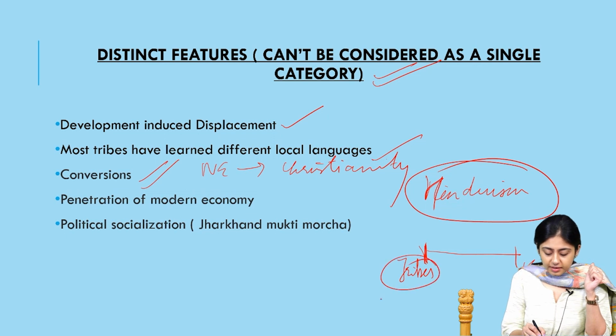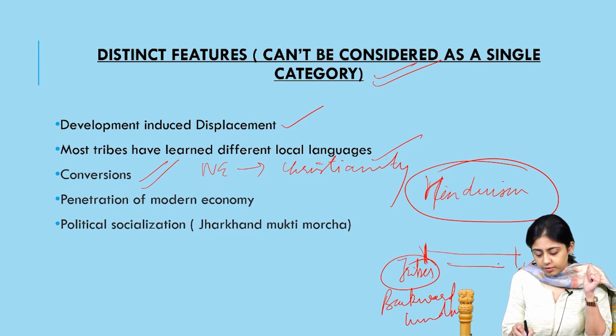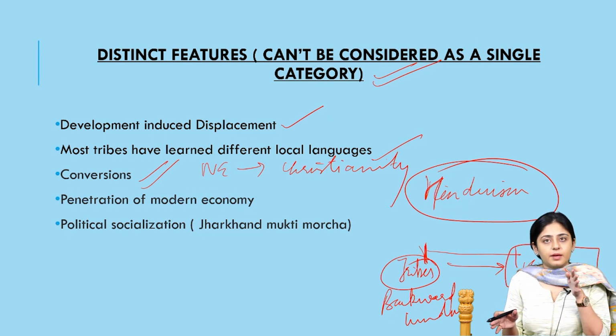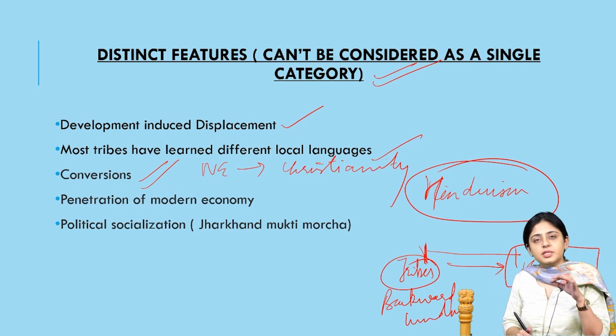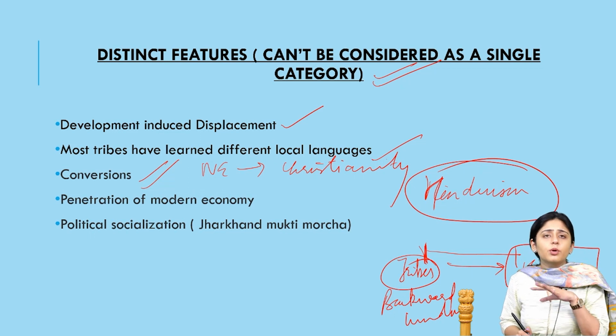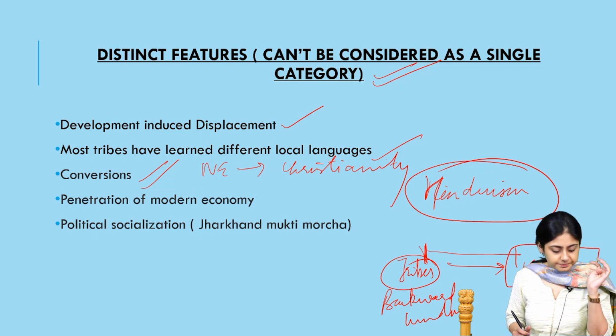So these are nothing but backward Hindus, right? They will slowly move towards this Hinduism, right? So this is a kind of continuum, right? And then we'll have full integration of these tribal people, right? So obviously this is a very controversial view, but still you can see they're no longer following animism or nature worship. They have converted into your mainstream religions.